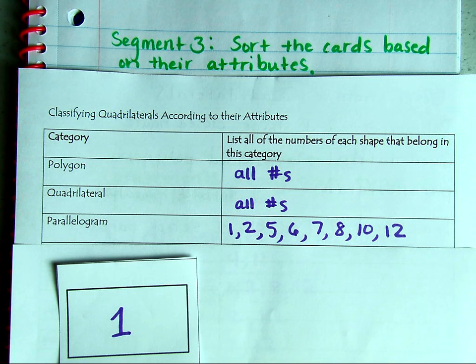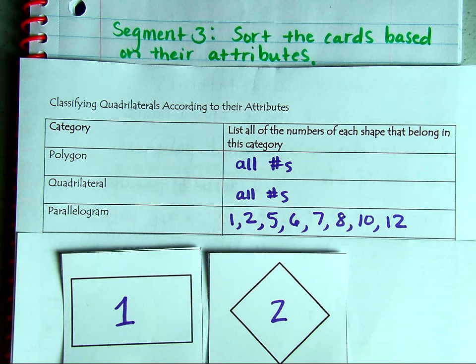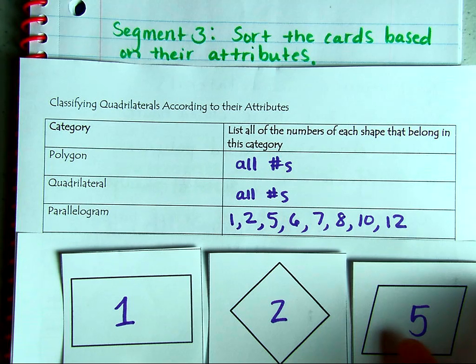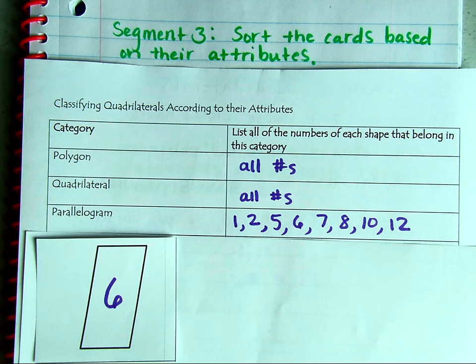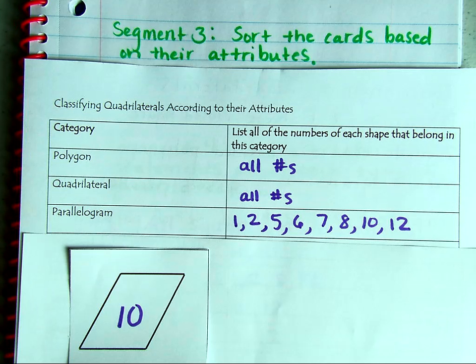Also, card number 2, card number 3, oh, not card number 3, sorry, card number 5, card number 6, card number 7, card number 8, card number 10, and card number 12.